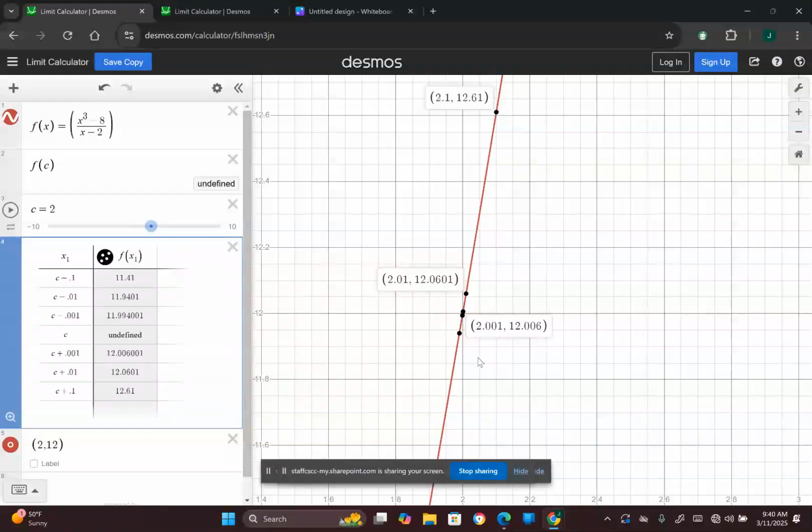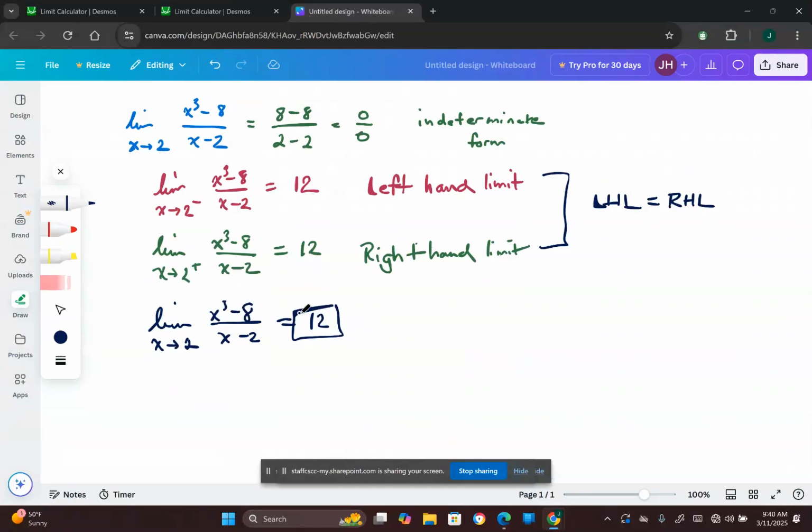If you look at those y values as x approaches 2 from the right, it looks like they are also approaching 12. So the right-hand limit is also 12 in the table. So if the left-hand limit is 12 and the right-hand limit is 12 from your table, the two-sided limit is going to approach 12. So we looked at the graph, determined it was 12. We looked at the table, determined that the limit was 12.